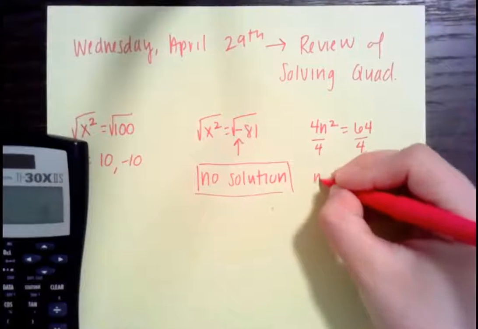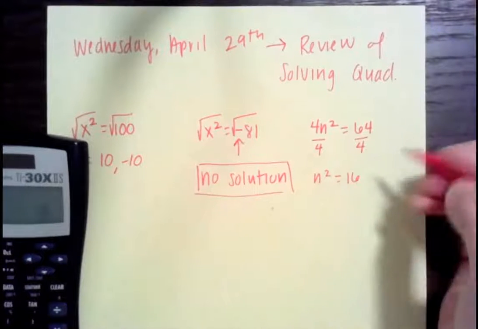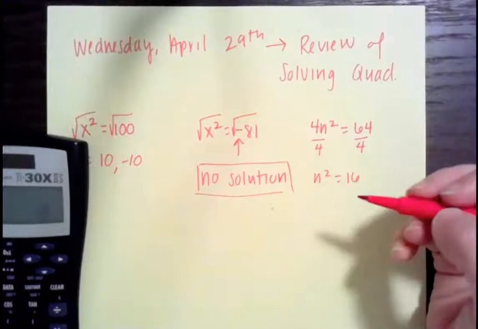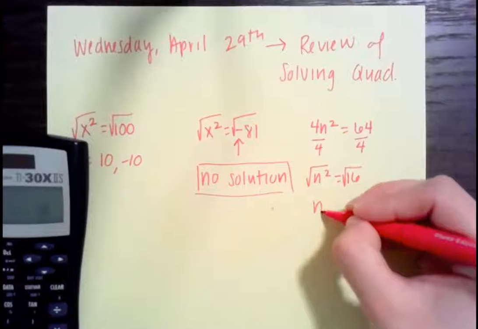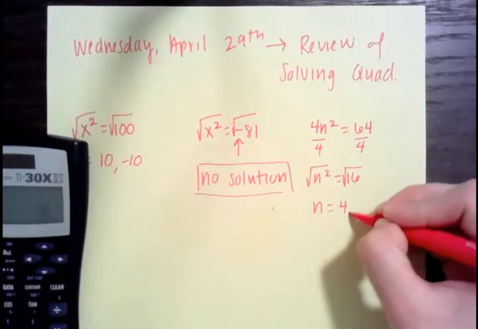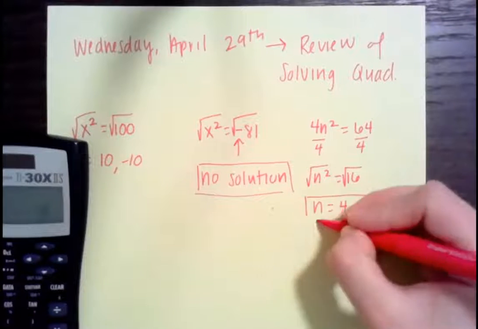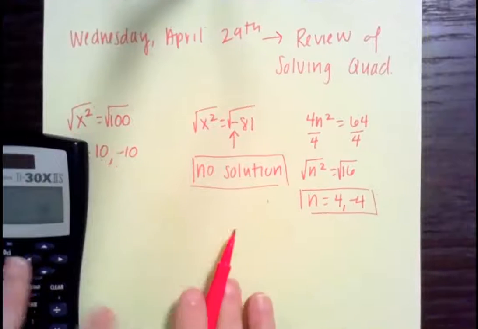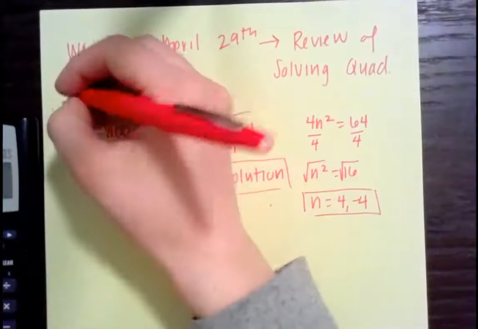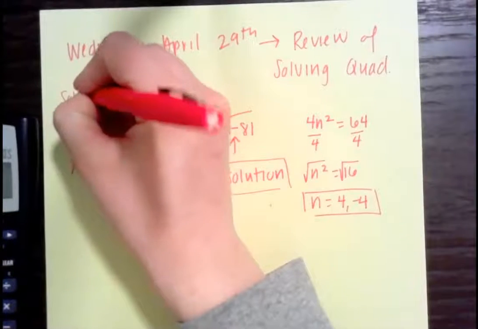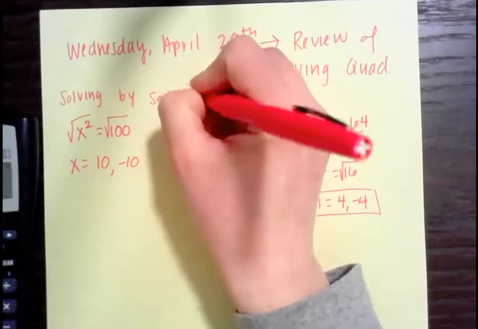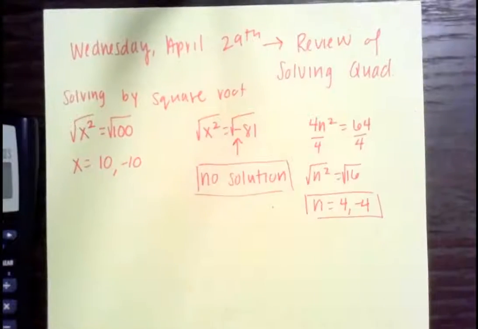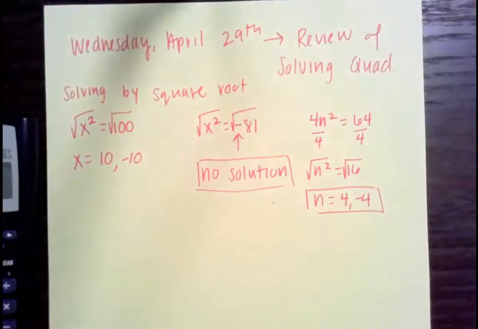So I have n squared equals 16. And now that I have my n squared by itself, we can take the square root. So now n equals 4 or negative 4. So those ones will be quick for you guys. This is solving by square root.